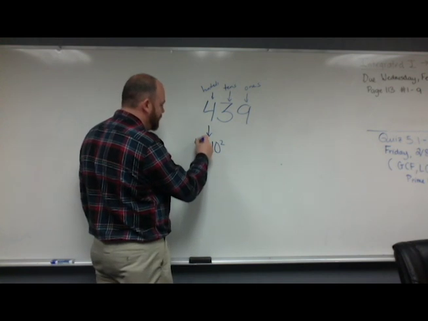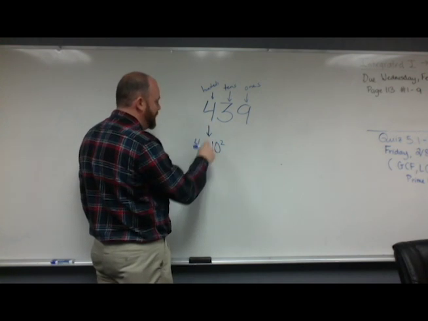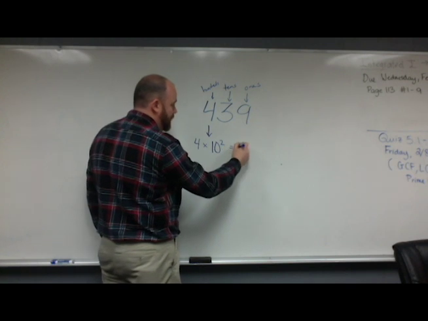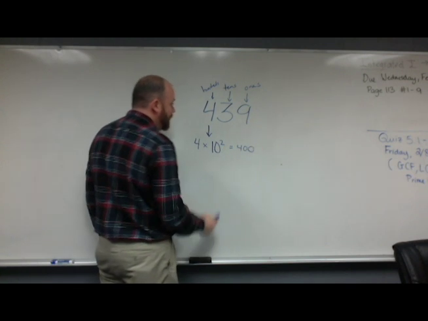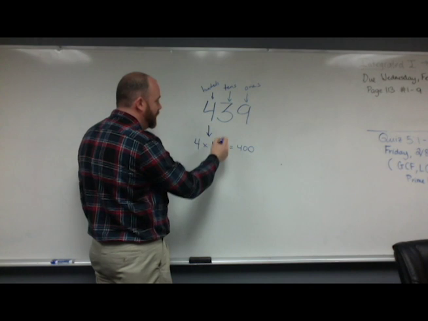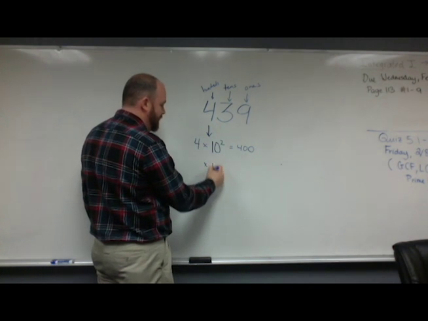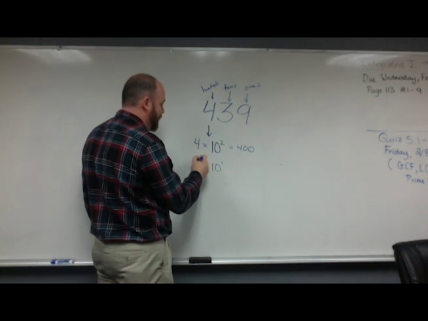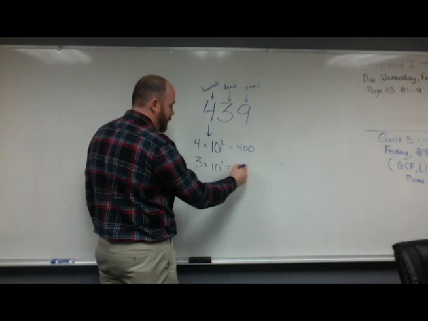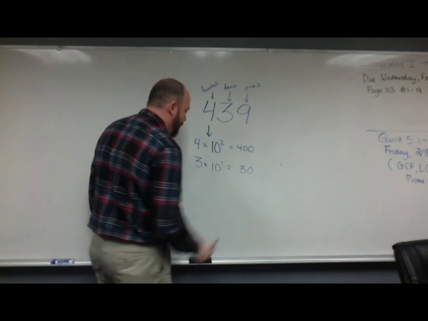And so we could say 4 times 10 squared would be another way to express 400. And then the 3, well, we could say that is times 10 to the first power, and so it's 30. 3 times 10 to the first power.